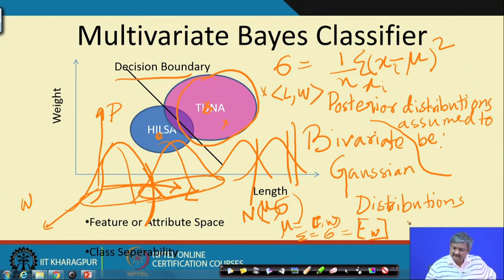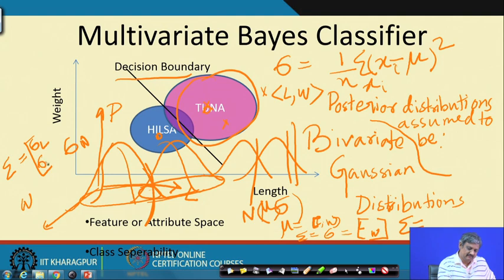So, now what does the matrix look like? The matrix will look like this: it is the mean value of length and the variation of length of each piece from this mean value for the tuna class or Hilsa class, then the mean value of W, the average weight of a tuna and how the weight of individual tunas differ from this average weight, squared and summed up, and then the covariances.